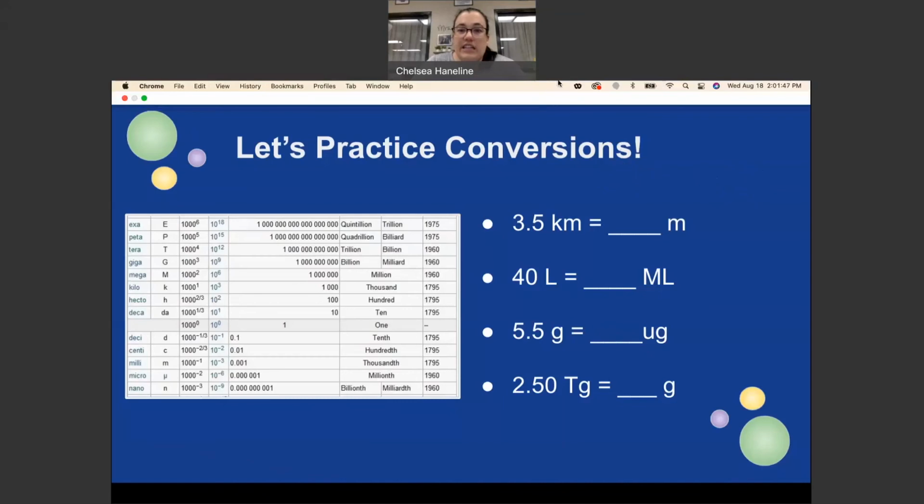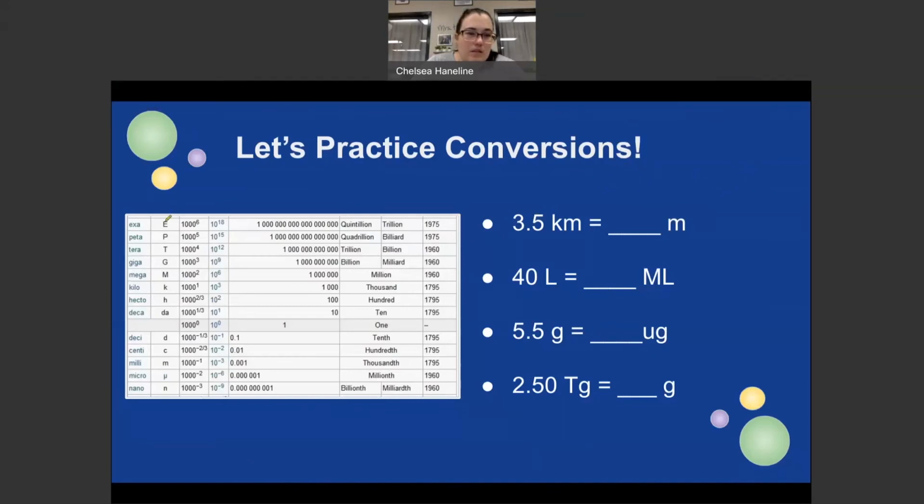So we have 3.5 kilometers times, and we know on the top that we need meters over how many kilometers.